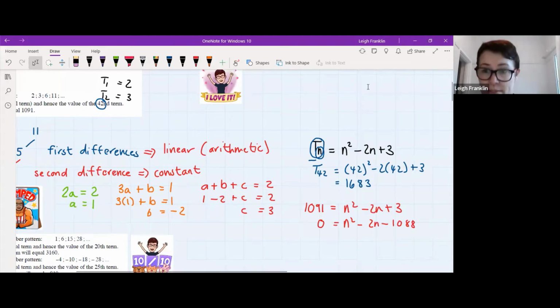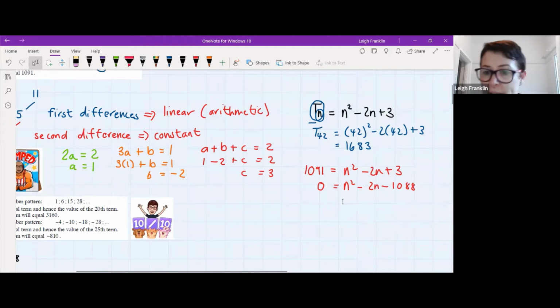Now we have a choice, right? Either we need to factorize or we can use the quadratic formula. With situations like this, where we've got a number like 1088, such a big number, I think using the quadratic formula for a lot of us just makes more sense.